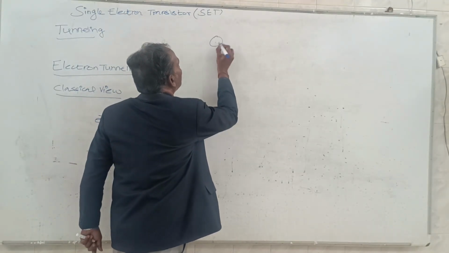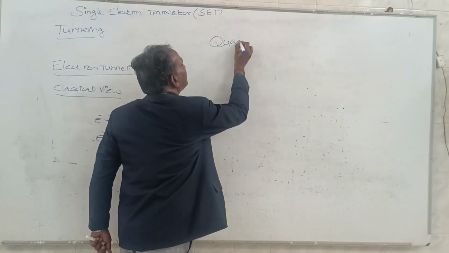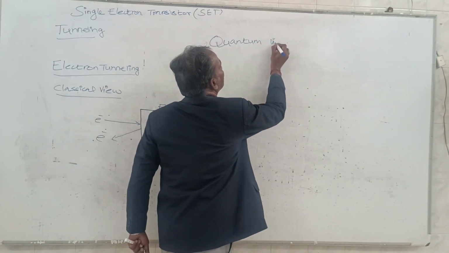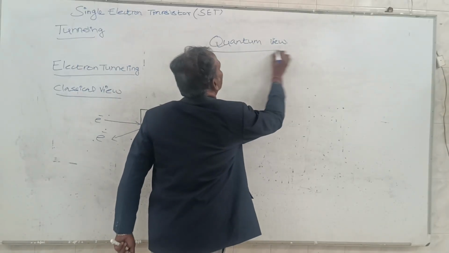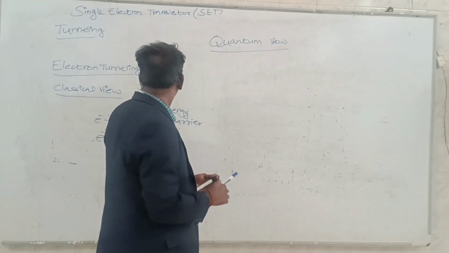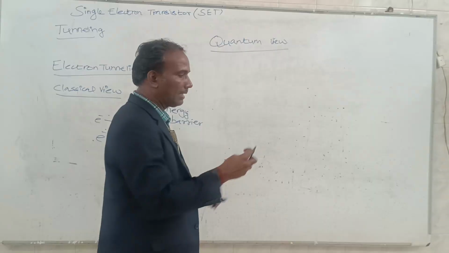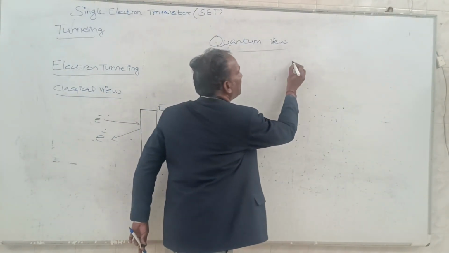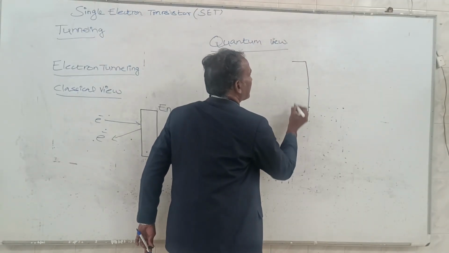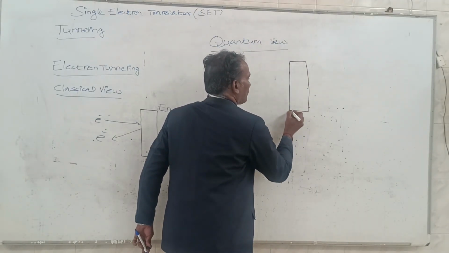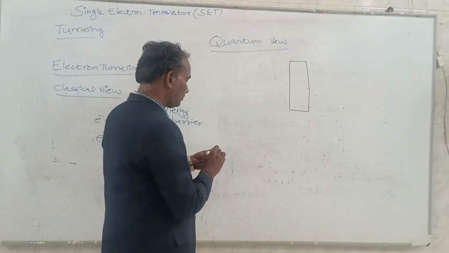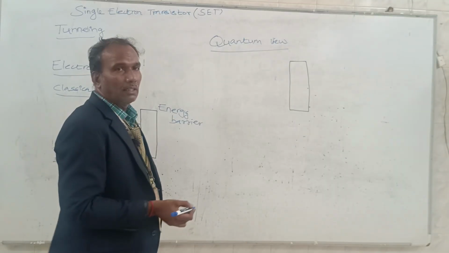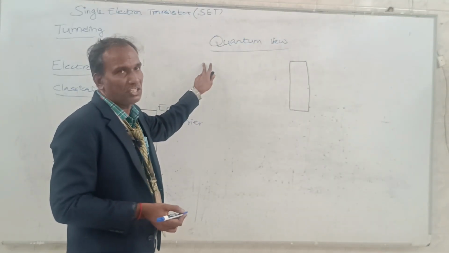Let's see the quantum view. Here also we can consider an energy barrier as in the earlier case. There is an energy barrier in the electronic structure. According to the quantum view, the electron exhibits its wave nature.